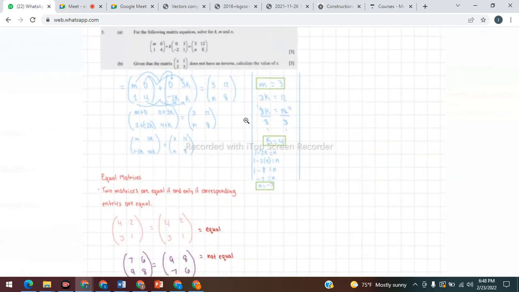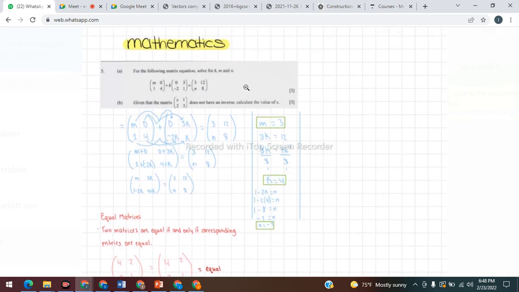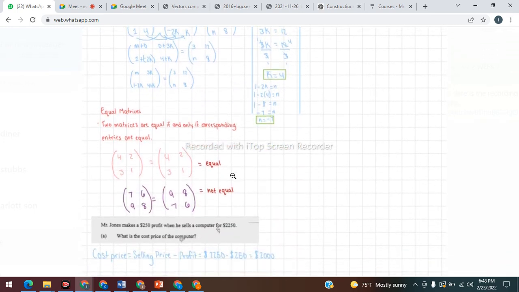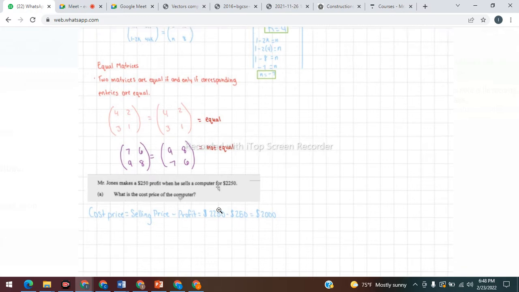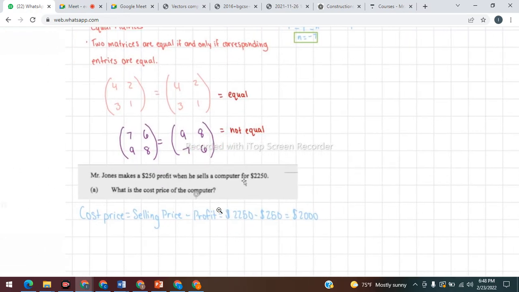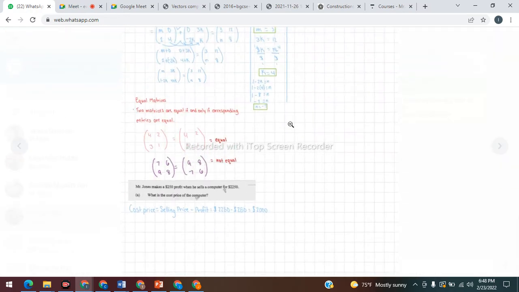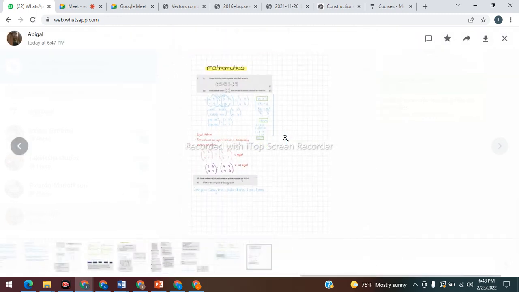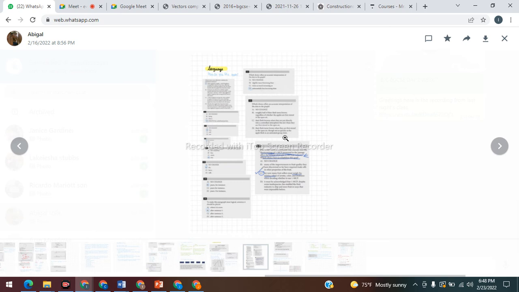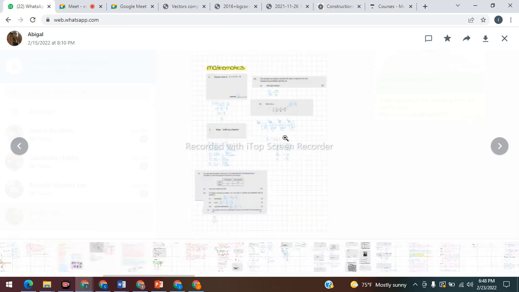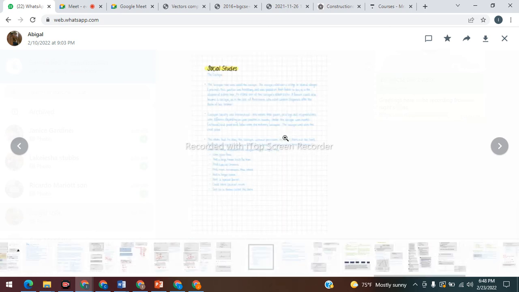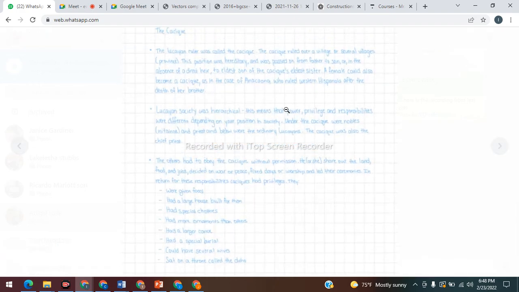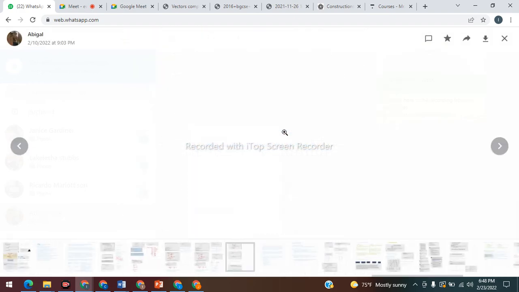She does it on a tablet. It's very neat.